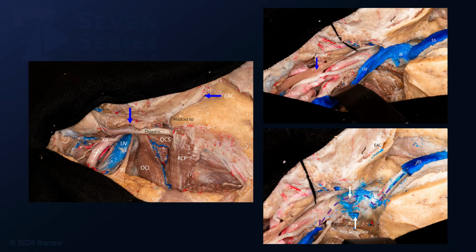The illustration in the lower right shows the course of the venous anatomy after the venous sheath has been opened to expose the internal luminal side of the jugular bulb. It's important to preserve the medial wall of the jugular bulb because this protects the nerves as they exit through the pars nervosa of the jugular foramen.